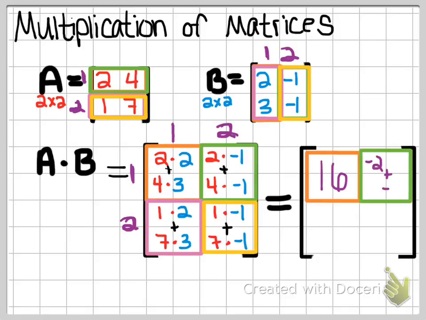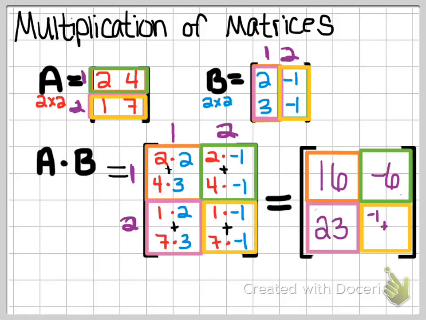My second element, my green element, which is 1, 2, is 2 times negative 1, which is negative 2, going to be increased by 4 times negative 1, which is negative 4. Simplified, that becomes negative 6. My third element, 1 times 2 is 2, increased by 7 times 3, which simplifies to 21. And that whole element simplifies to 23.